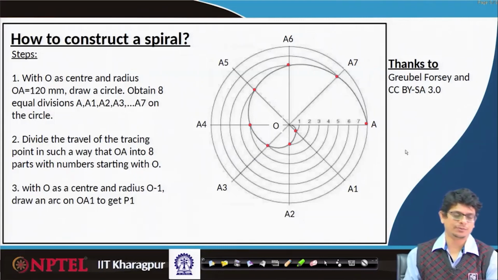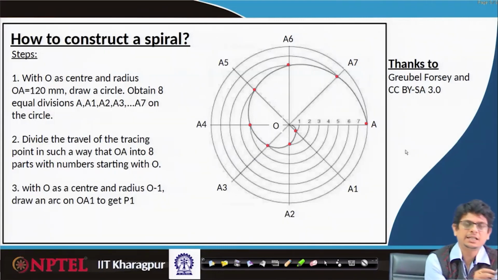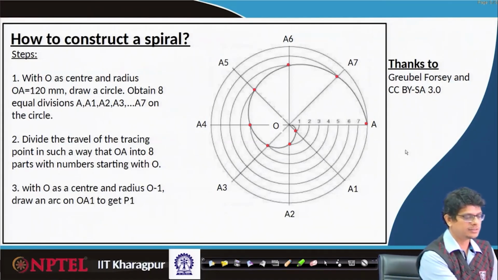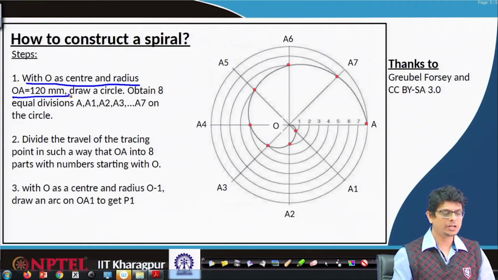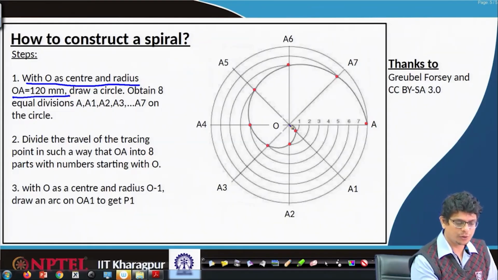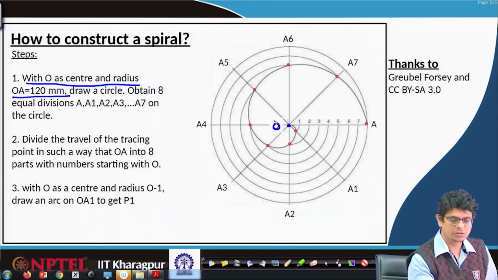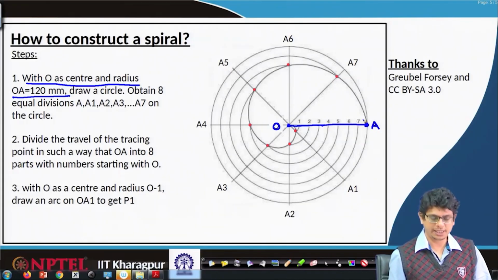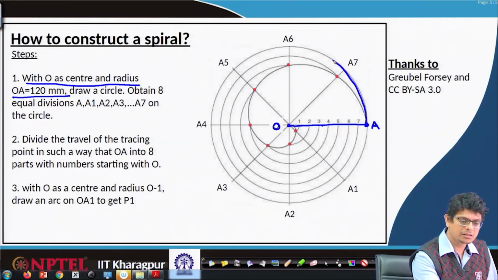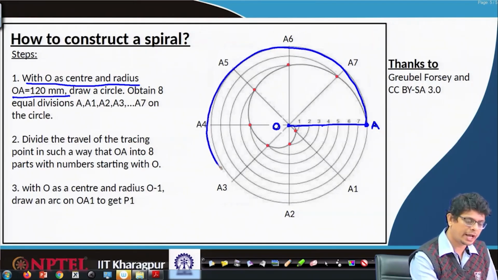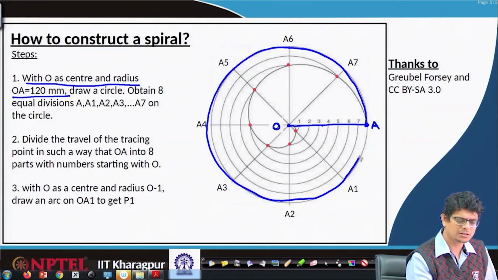So, let us look at the picture. The steps involved in constructing the spiral are: with O as center and radius OA, first of all we have to draw a circle. So, locate a point O and another point A, with OA being 120 mm, and construct a circle with OA as radius.